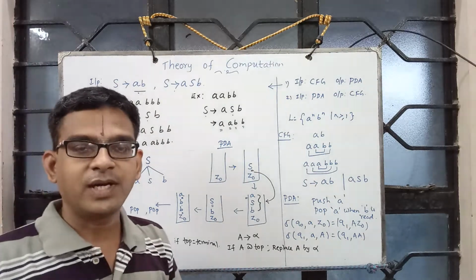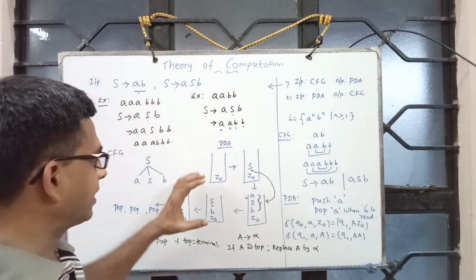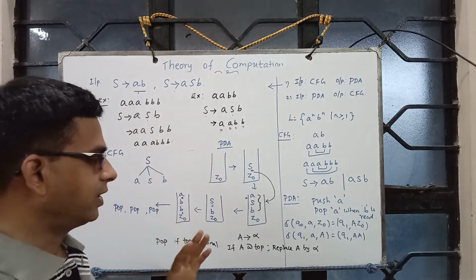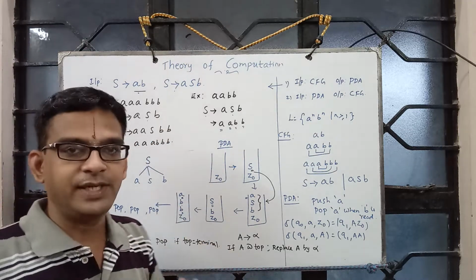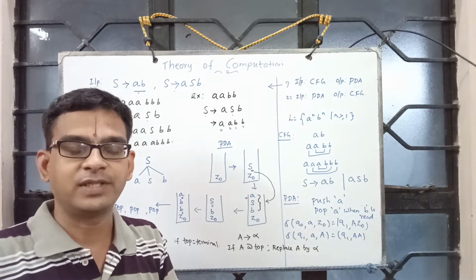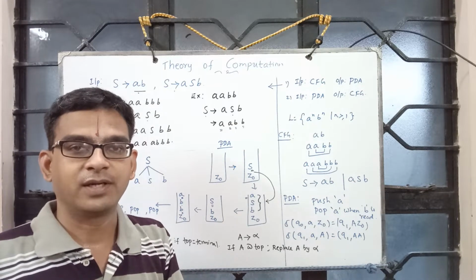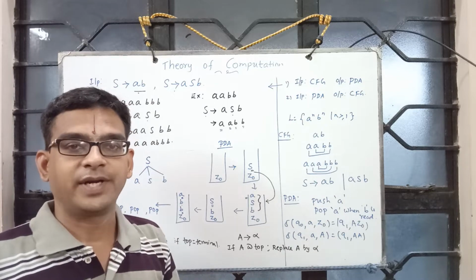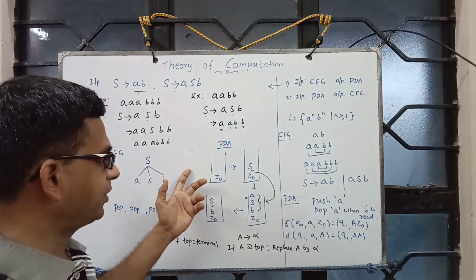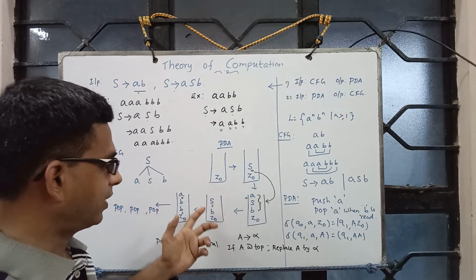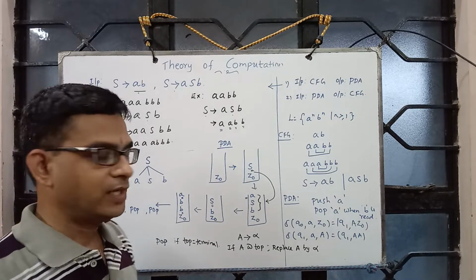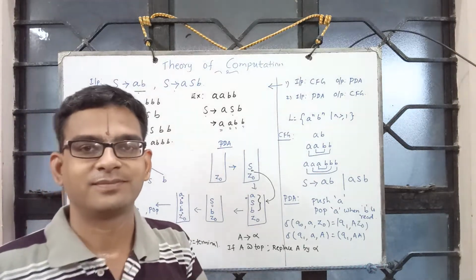So with this framework, let's construct the PDA corresponding to the CFG. This PDA is essentially simulating the leftmost derivation for a given string. And the string could be anything. For any arbitrary string, one can come up with the leftmost derivation followed by an equivalent PDA as well. Okay, let's formally describe this.